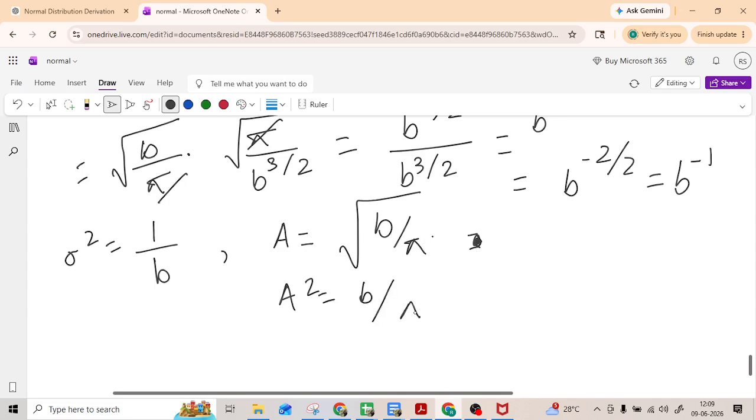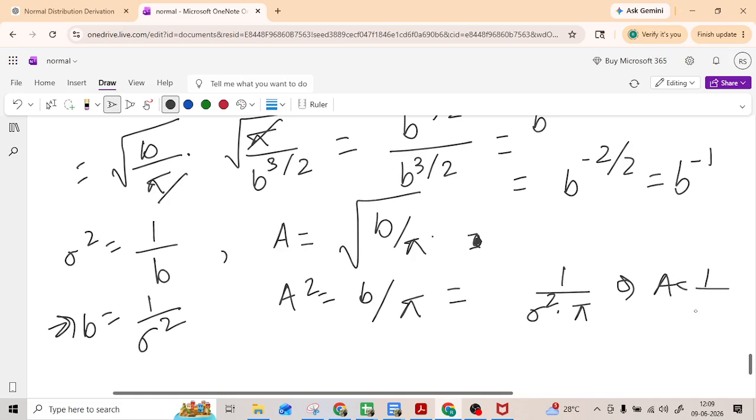And b is nothing but 1 by sigma square. Sorry, my bad. So b is 1 by sigma square, so a square is 1 by sigma square into pi, and then we have a equal to 1 by root pi into sigma.